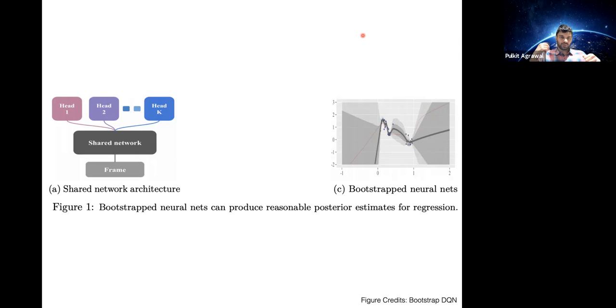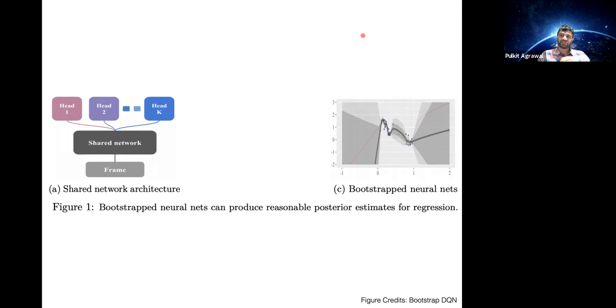So in expectation, each head ends up seeing the same data, just the order in which the data is coming is different. What I presented was maybe a pedantic version of how you do bootstrapping, where you sample first and then you train.